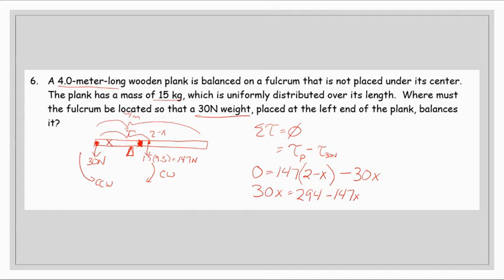Again, we're trying to figure out where the fulcrum must be located, and our x value is the distance from the left-hand side. So we figure this out, we get 177x equals 294, so x is going to be 1.66 meters from the left end.